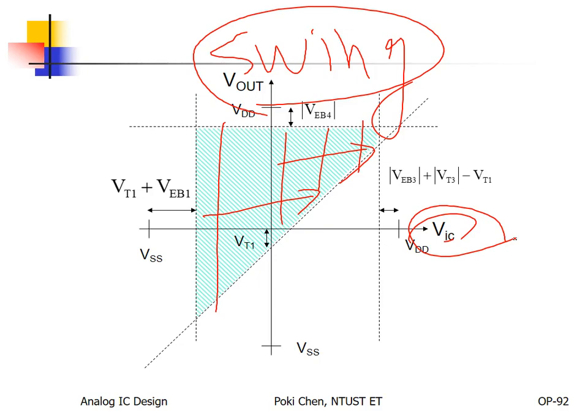Okay? Anyway, I am not recommending that under such circumstances you design your VIC, the input common mode range, as small as possible. That is our hope, but you are not the one to make the decision. It is decided by your application. Okay?